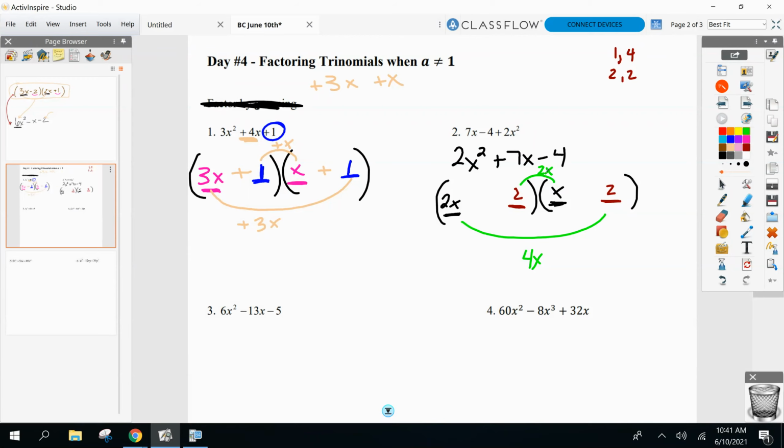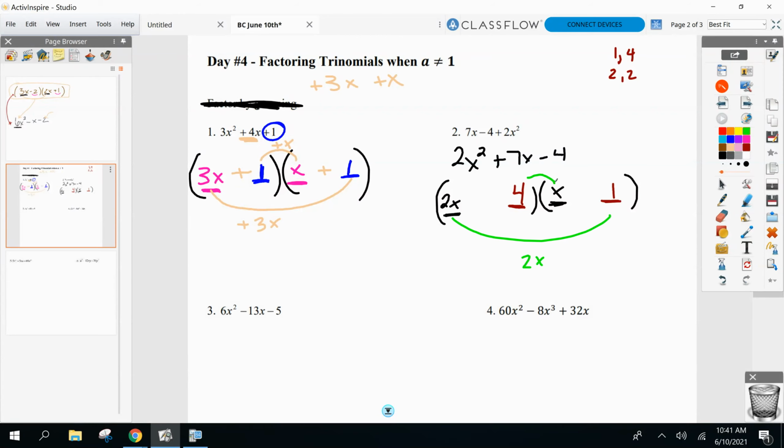All right, what's the other pairing I have now? 4 and 1. All right. Let's try 4 and 1 now. Ready? Here's the check part. Outers give me what? 2x.